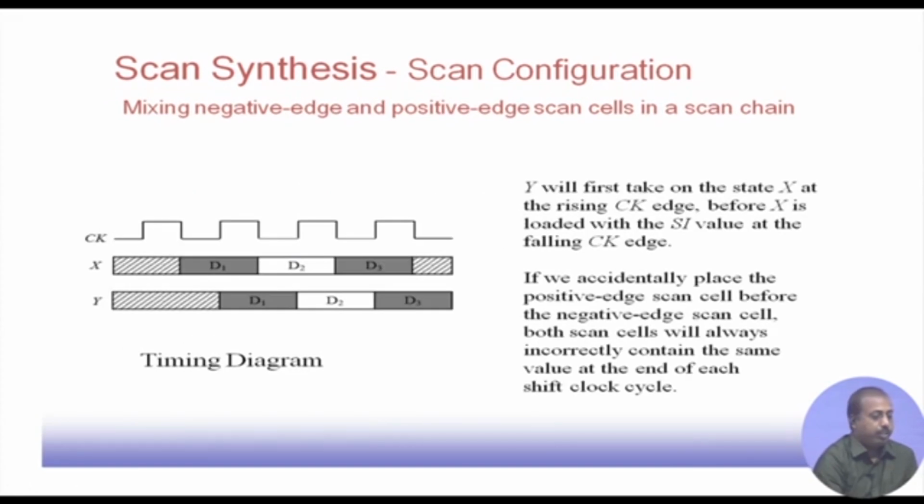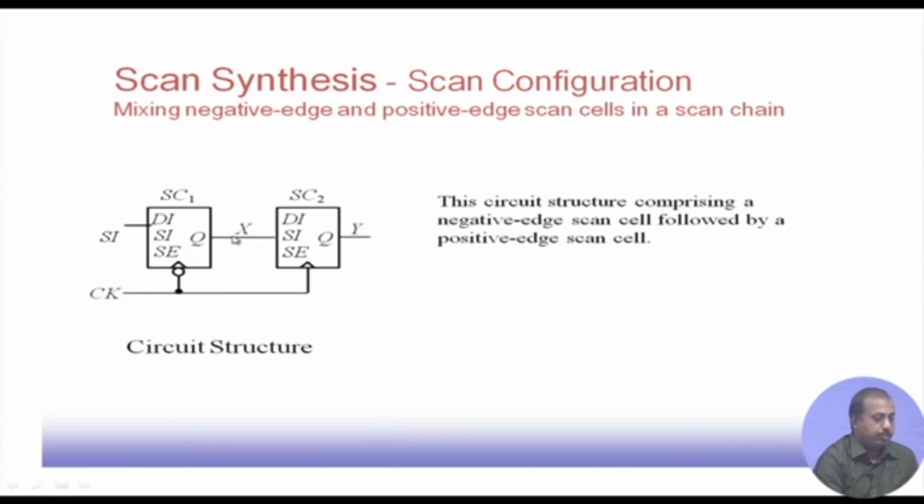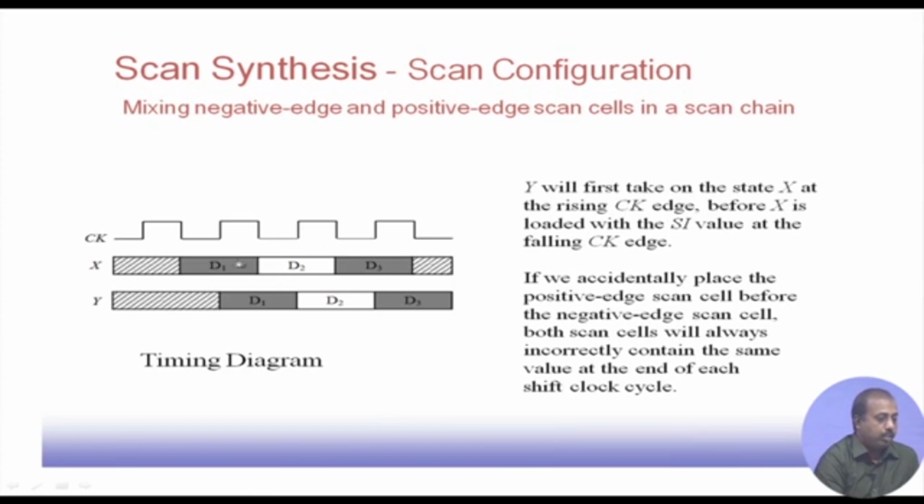The way it operates is that this is the scan clock that is running, and this is the x input, this is the SI, and this is x, and then we have y. Suppose when this clock goes low at the negative edge, the value is put onto this x line.